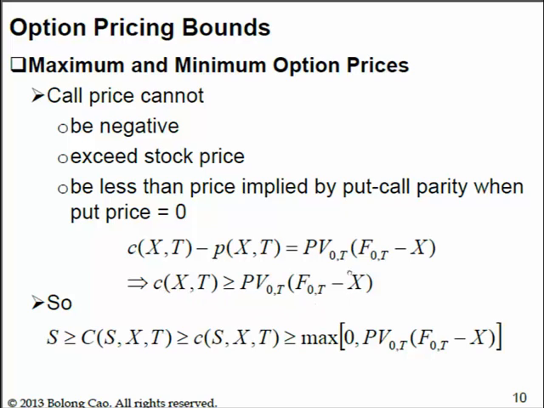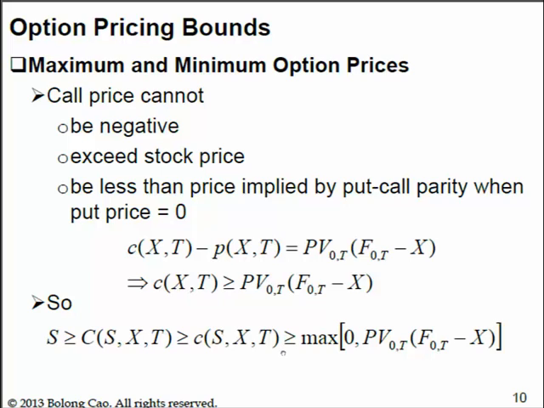Now we actually have this lower bound for the European option. And then we know that an American option has a higher value than the European option. So we line up this inequality: the underlying stock is an upper bound for the American call option, which is also an upper bound for the European call option.